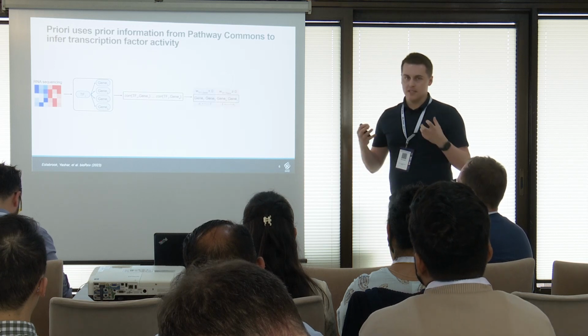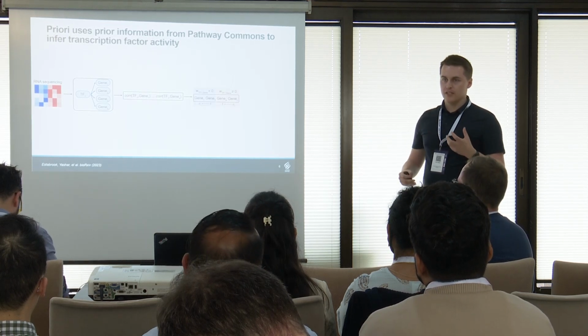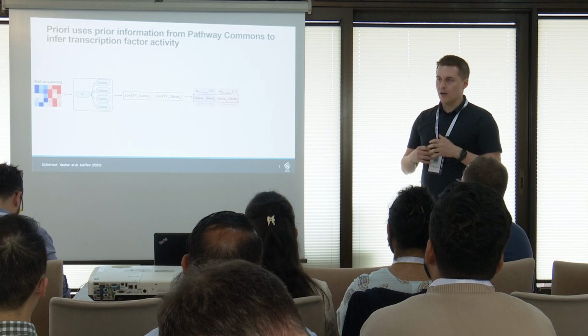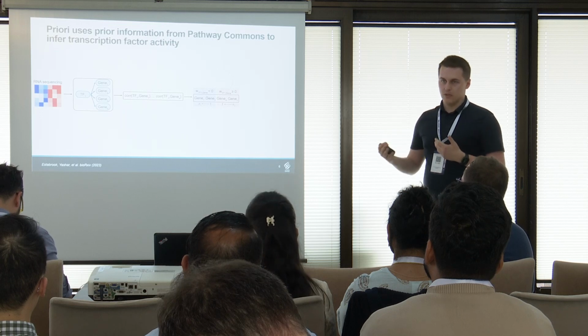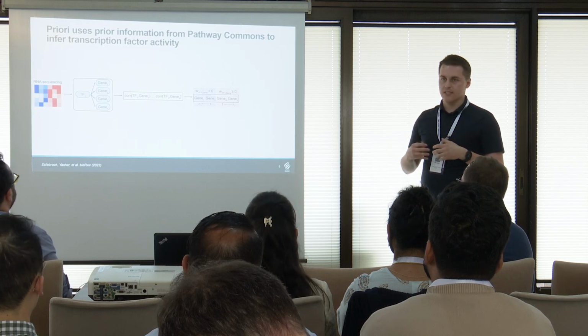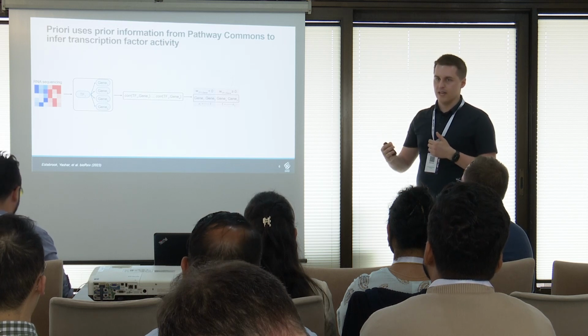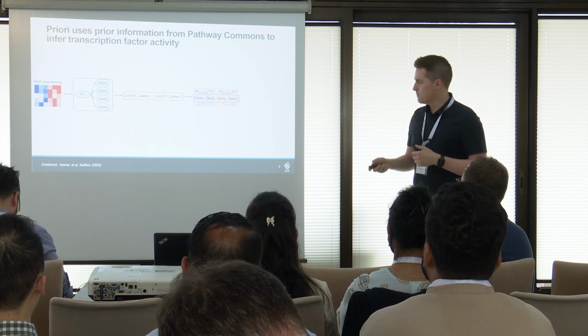And it takes two pieces of information from that weight. The sign of the Spearman correlation gives an indication of the direction of transcriptional regulation, whereas the degree of the Spearman correlation coefficient gives an idea of the impact of transcriptional regulation of that transcription factor on its target gene.